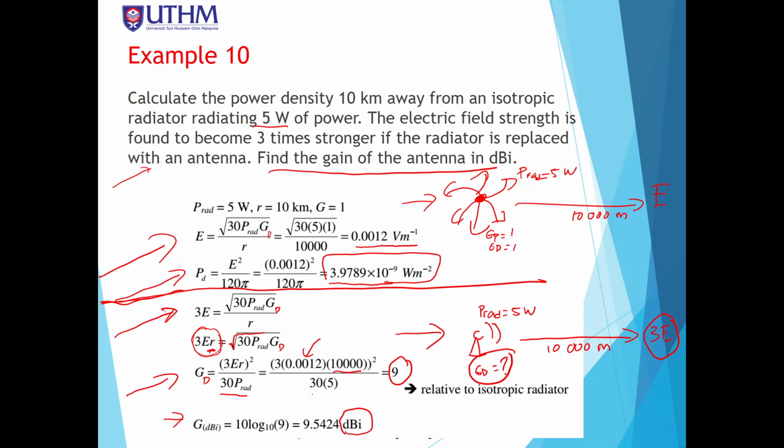Decibel isotropic, decibel with respect to the isotropic antenna. That is the meaning of dBi.